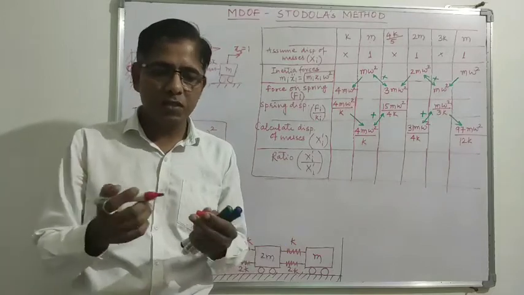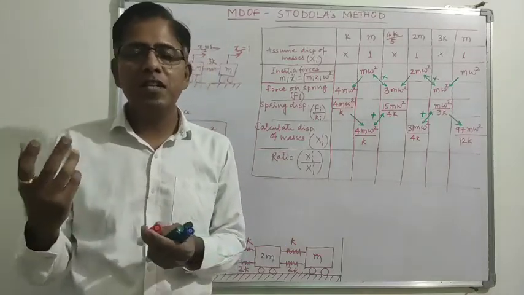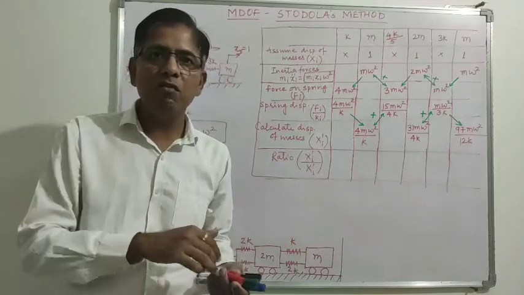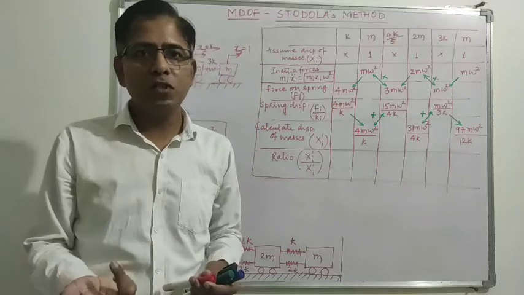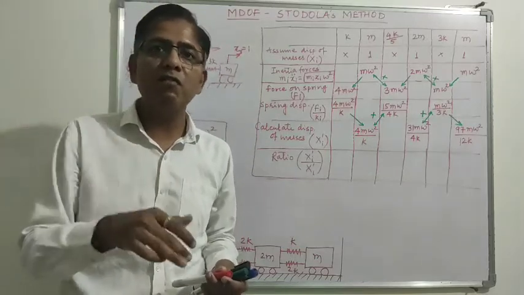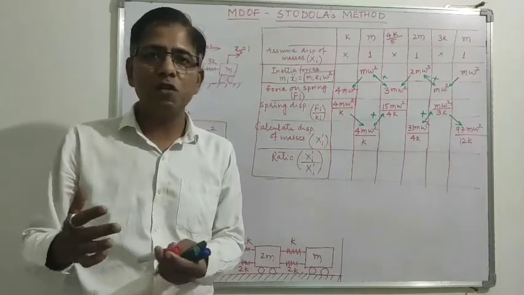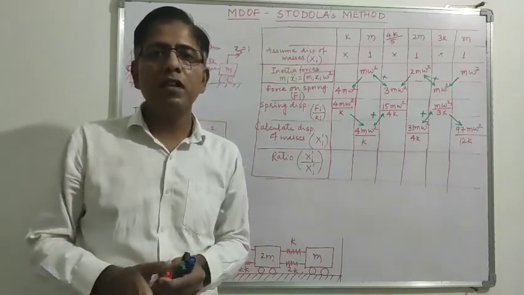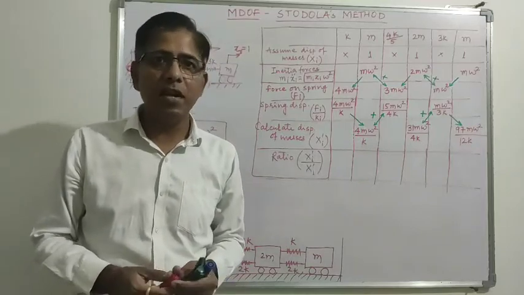Mode shapes mean the ratio of the displacement of the second mass to that of the first mass. That is the first mode shape. The second mode shape is the displacement of the third mass to that of the first mass. So the relation between the displacements of the different masses gives the different mode shapes, also called eigenvectors.